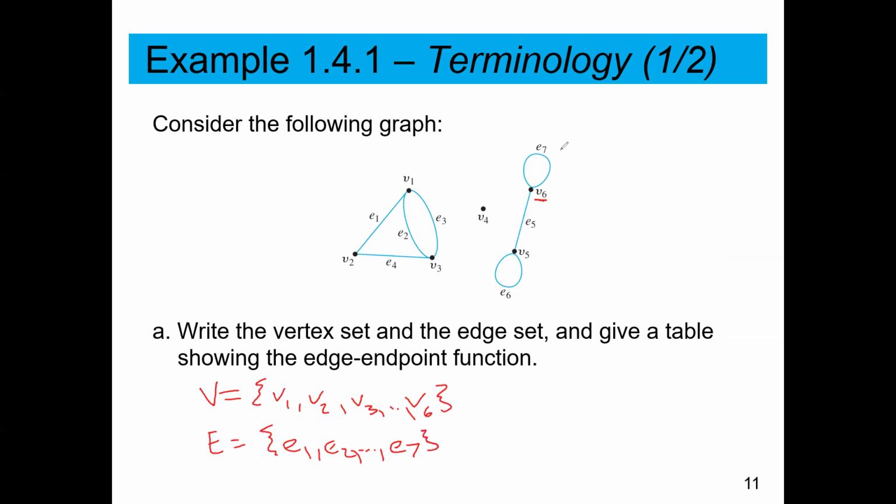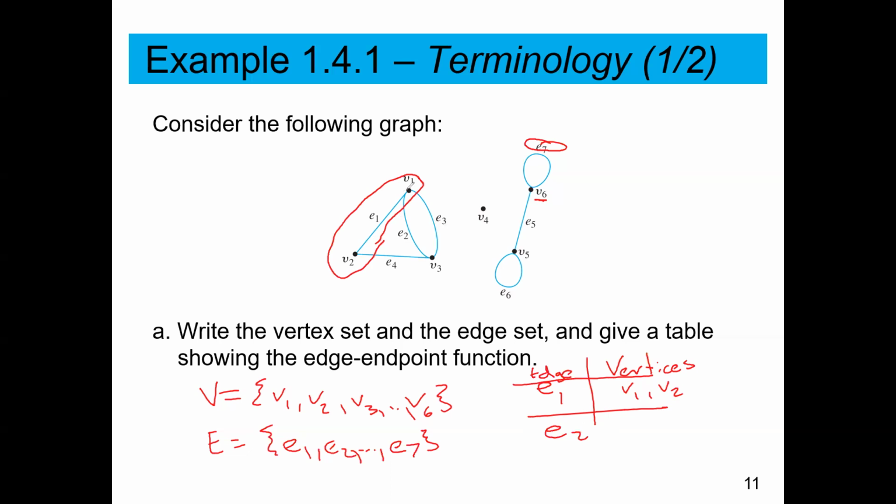So again, these are sets, and I can see that simply by doing this. Now, I made a table of the edges, and over here are the vertices each is incident to. Well, E1 is right here, so it's incident to V1 and V2. Edge 2 is incident to V1 and V3.